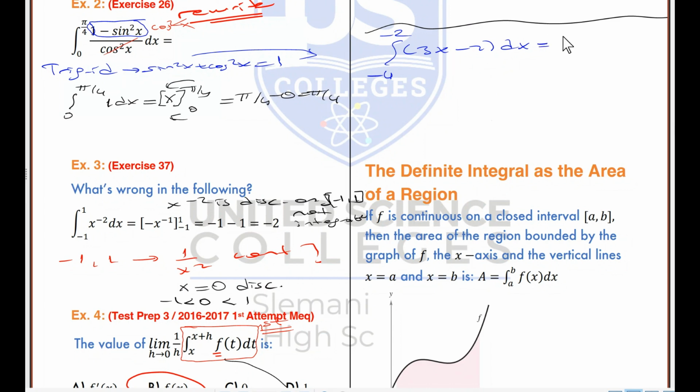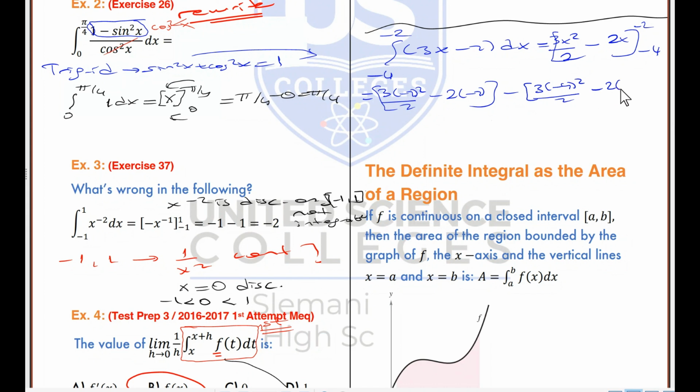Now, the integral of 3x is 3x squared over 2. The integral of 2 is 2x. I'm going to evaluate this at negative 2 and negative 4. Okay, substitute negative 2 first. 3 times negative 2 squared over 2 minus 2 times negative 2. I'm done with upper bound minus lower bound. 3 times negative 4 squared over 2 minus 2 times negative 4.